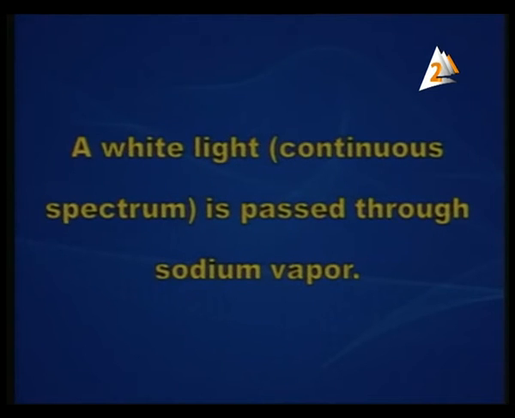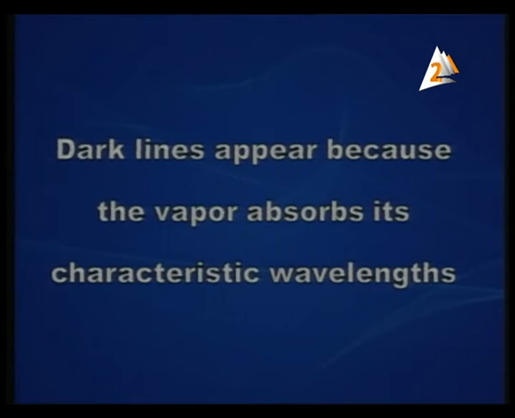What happens when a white light, meaning a continuous spectrum, is passed through sodium vapor? This is very important. Dark lines appear because the vapor absorbs its characteristic wavelengths.